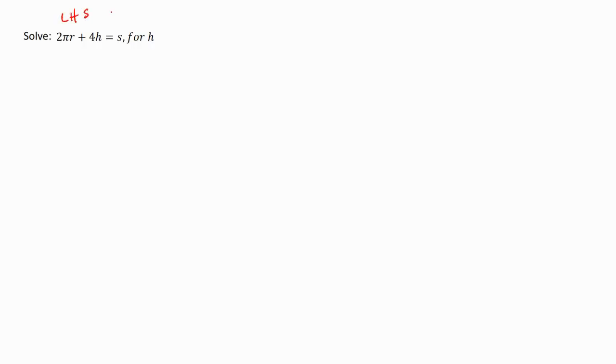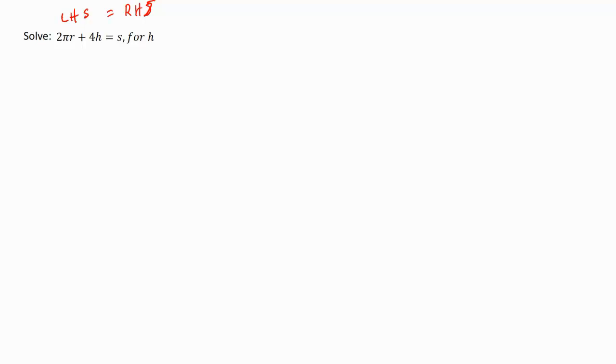The equal sign breaks our equation up into two sides, a left-hand side and a right-hand side. As it stands, the h variable is on the left-hand side. There are two terms on the left-hand side, but one of those terms doesn't contain the variable h, which is the 2 pi r.